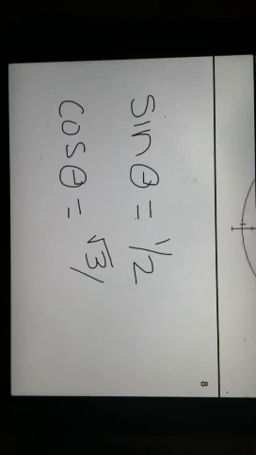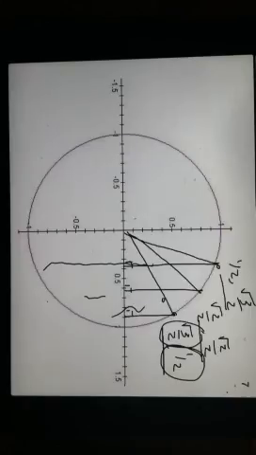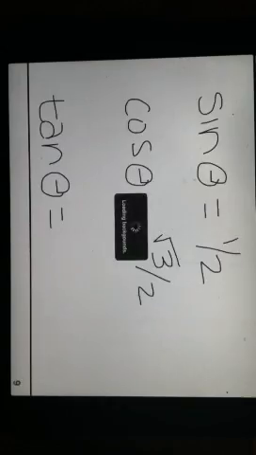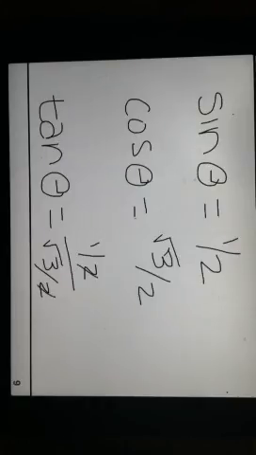And tangent, which is going to be opposite over adjacent. So in this case, opposite, 1/2 over adjacent, which is root 3 over 2. So tangent will look like 1/2 over root 3 over 2, which you just cross these, and that equals 1 over root 3.